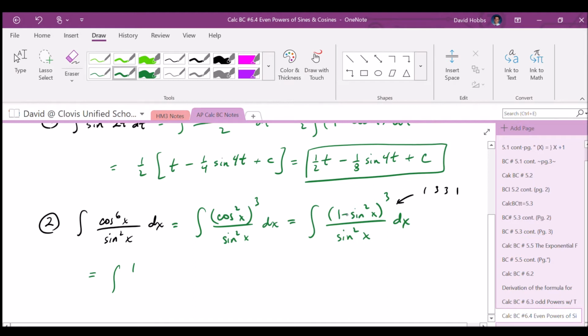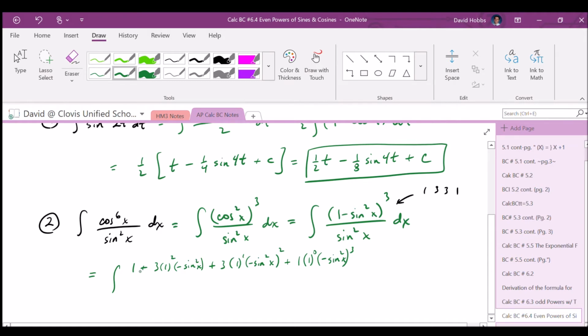So 1 times a cubed, so 1 cubed, so 1, plus 3 times a squared times b, so negative sine squared x, plus 3 times 1 to the first times the negative sine squared x squared, plus 1 times 1 to the 0 times the b cubed.